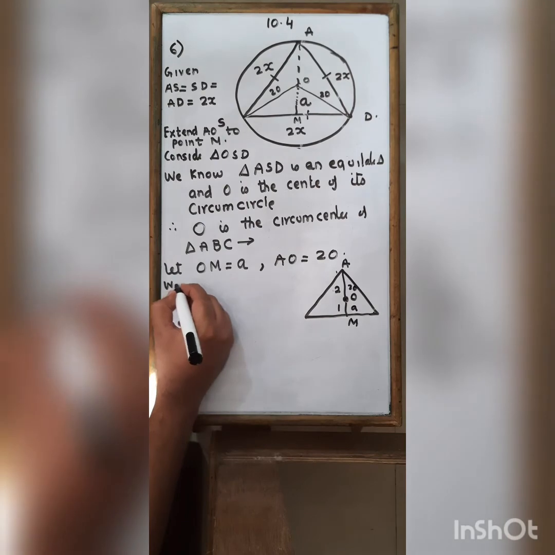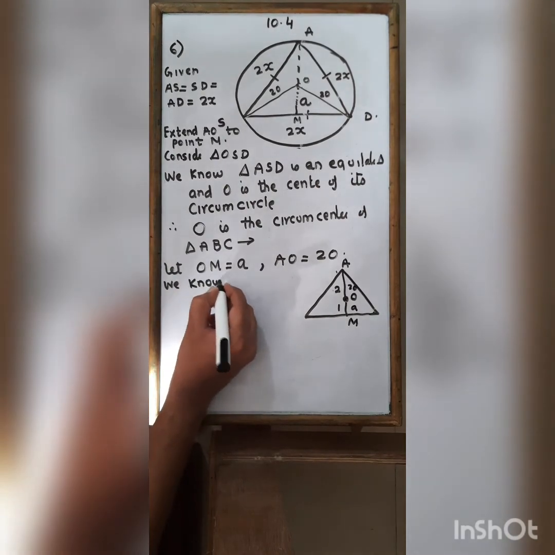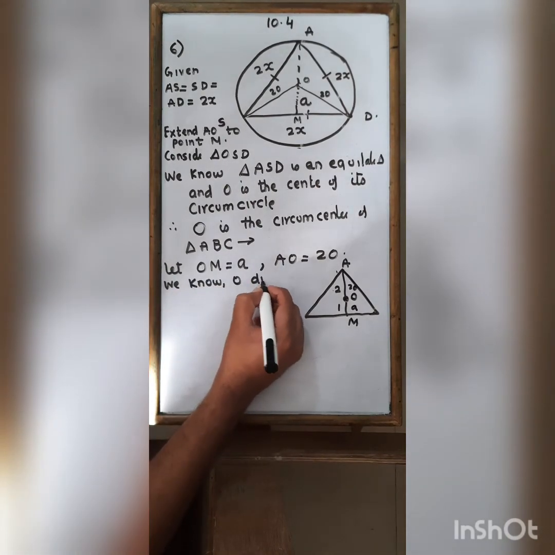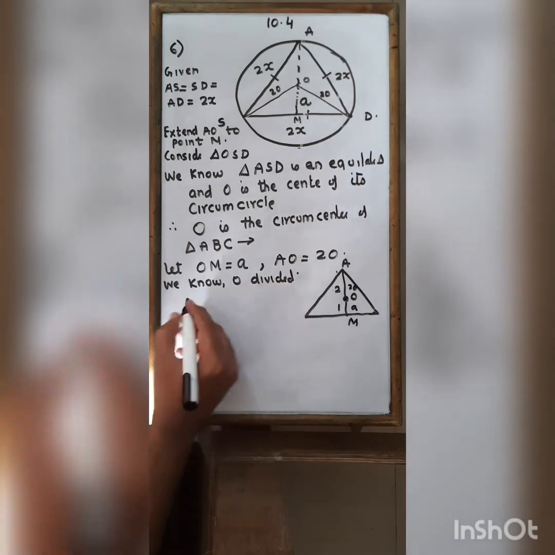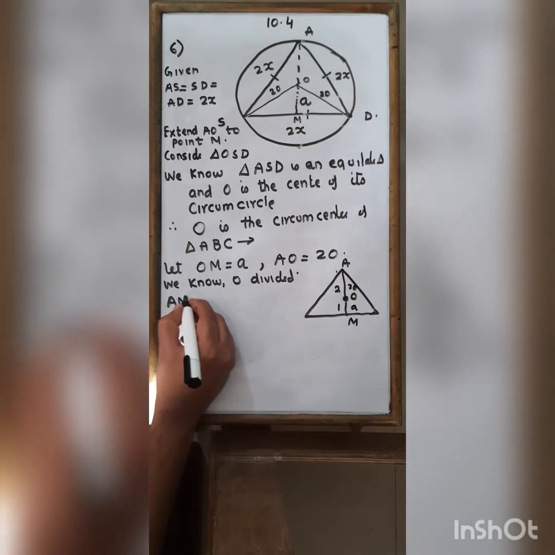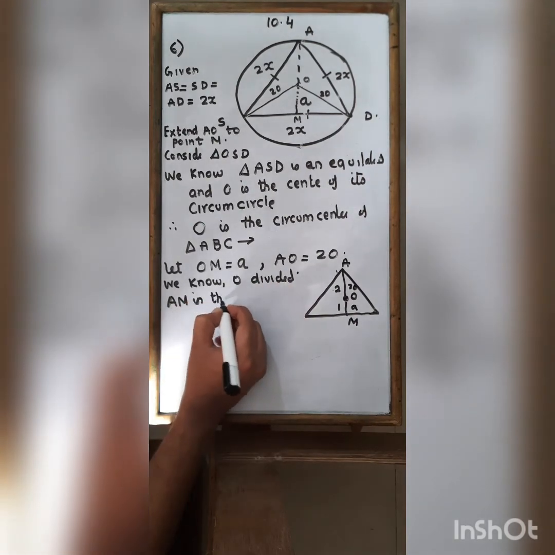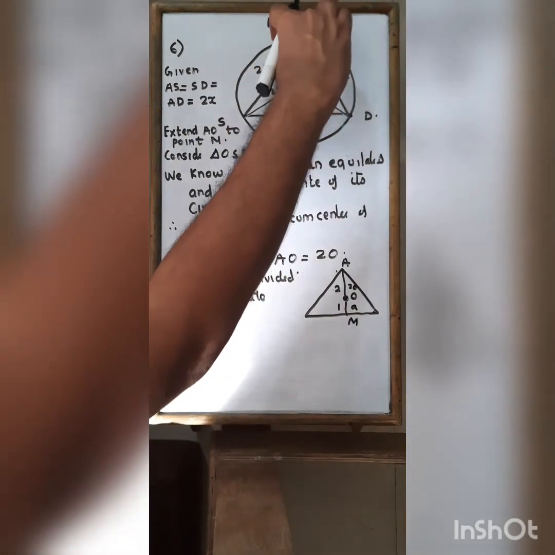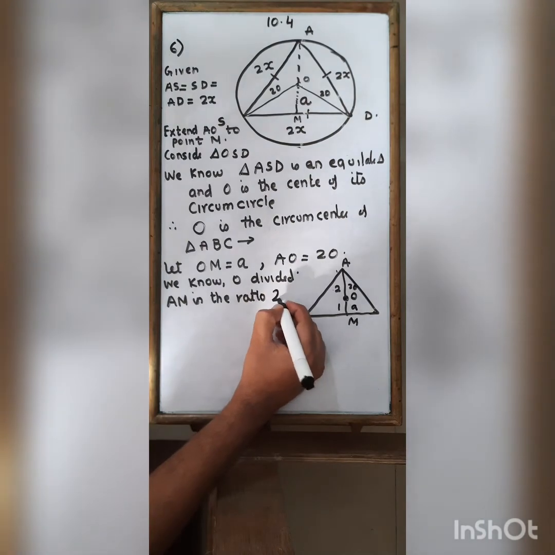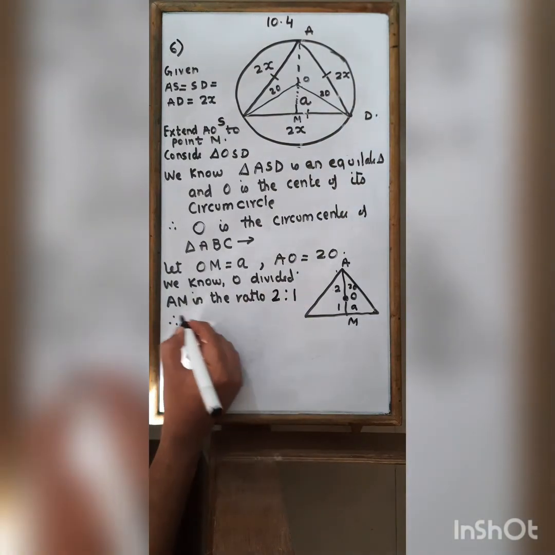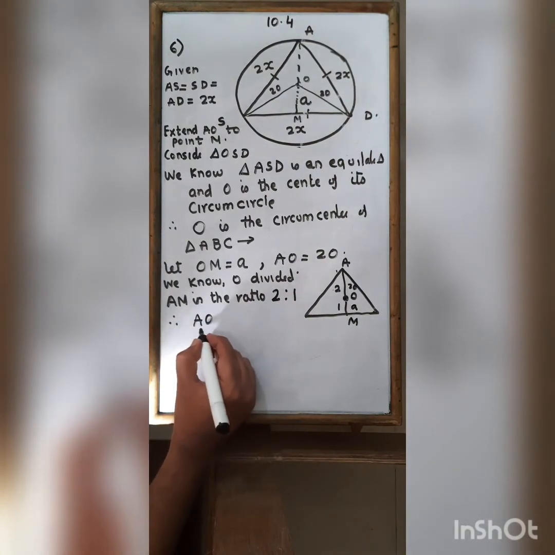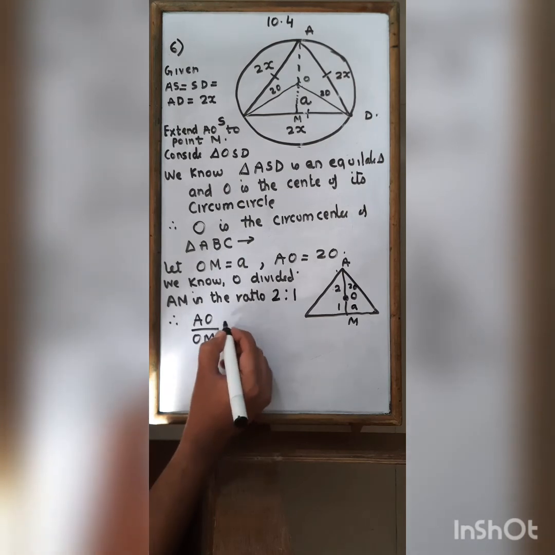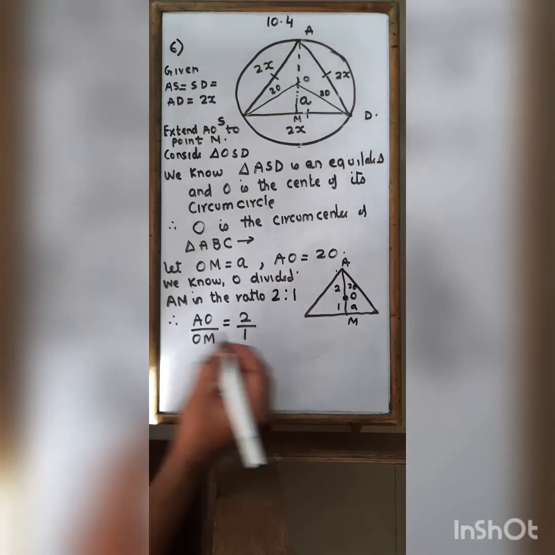So we know O divides AM in the ratio, this part from the vertex, 2:1. So therefore AO upon OM is equal to 2/1.